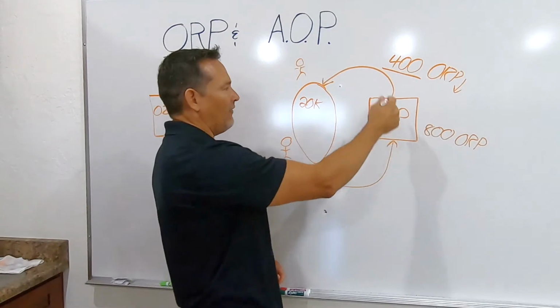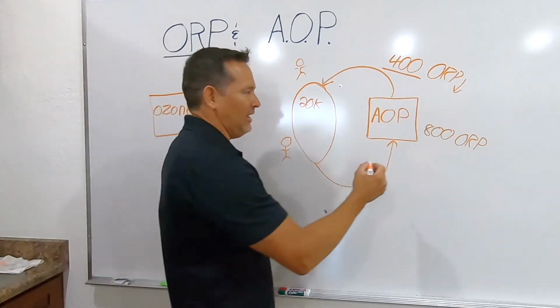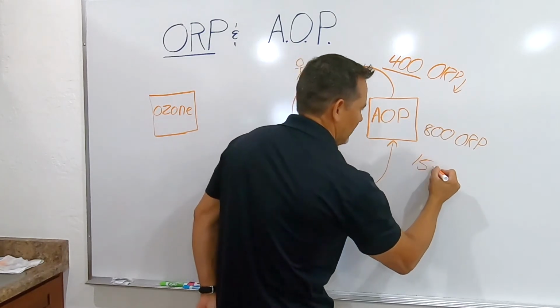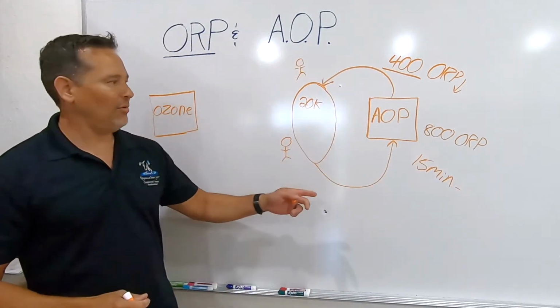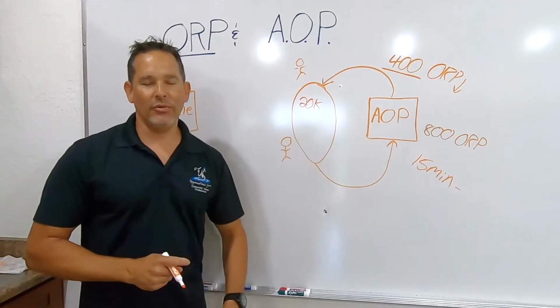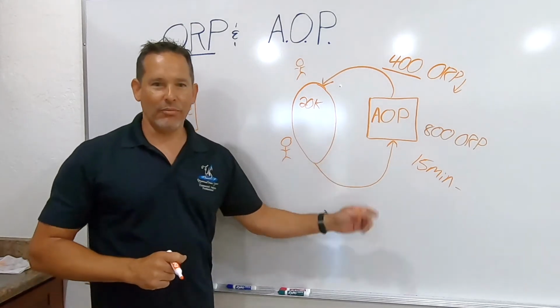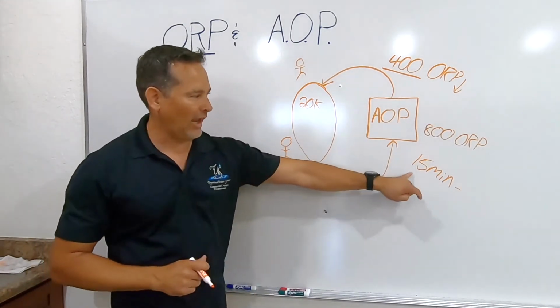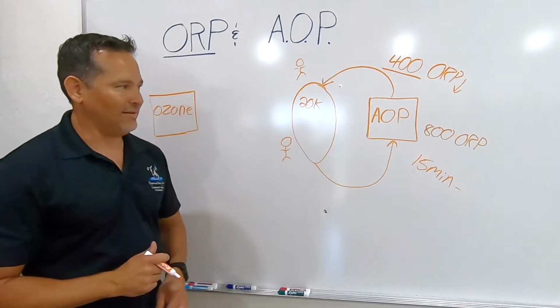Which means it would have to go through this system, I'm going to say, probably every 15 minutes. That's extremely fast, moving 20,000 gallons through there. You would have to have an entire generator back there, a major water plant.